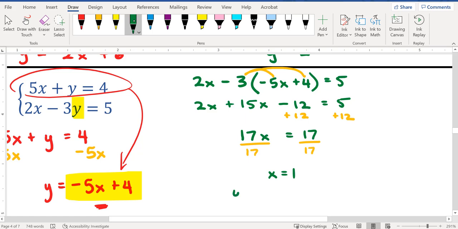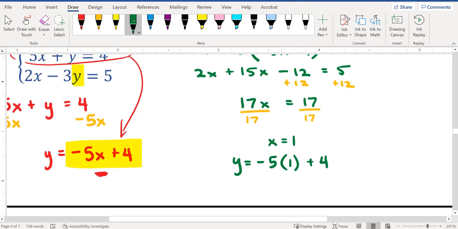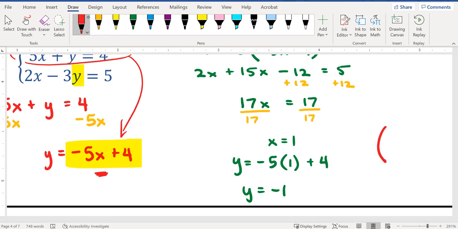Let's stay in green. y equals negative 5 times 1 plus 4. So my y would be negative 5 plus 4, which is negative 1. My answer is the ordered pair 1, comma, negative 1. Remember that x goes first, then y.